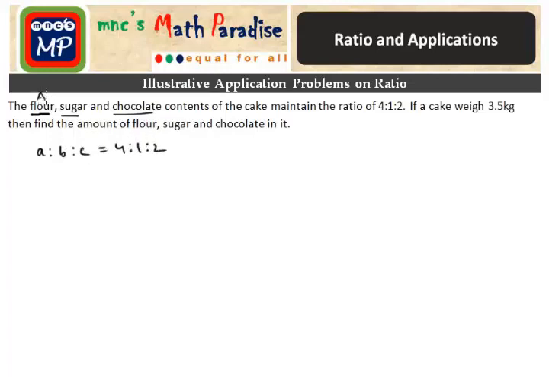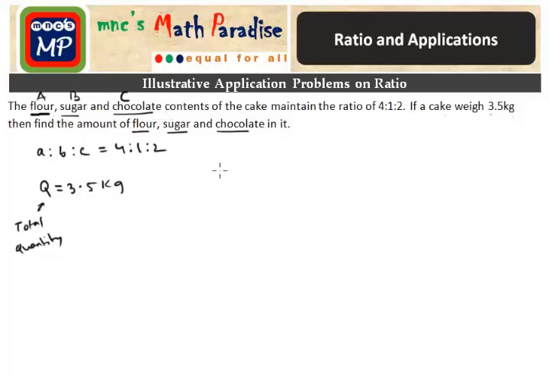Here flour is A, sugar is B and chocolate is C. If a cake weighs 3.5 kilo, that is the total quantity, then find the amount of flour, sugar and chocolate. That is, we need to find the individual parts' quantities, A, B and C.